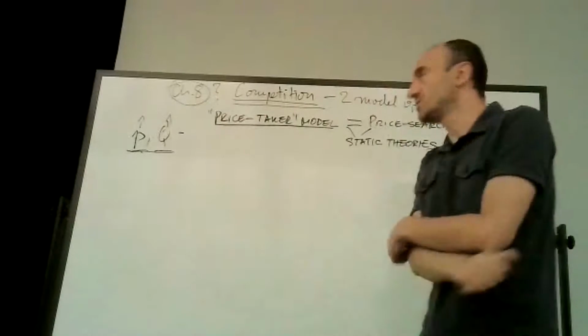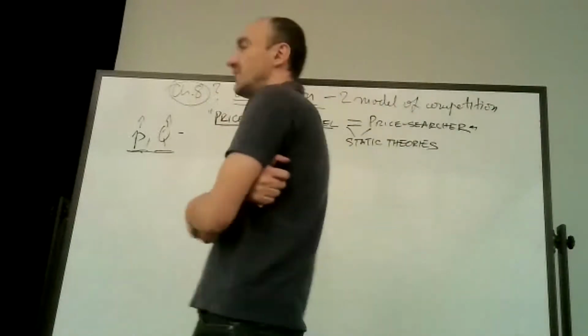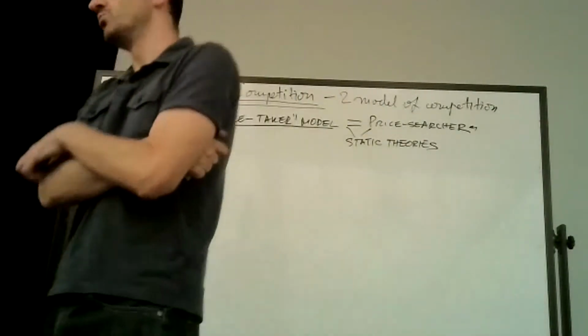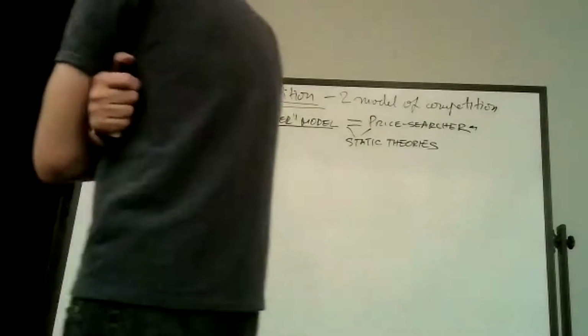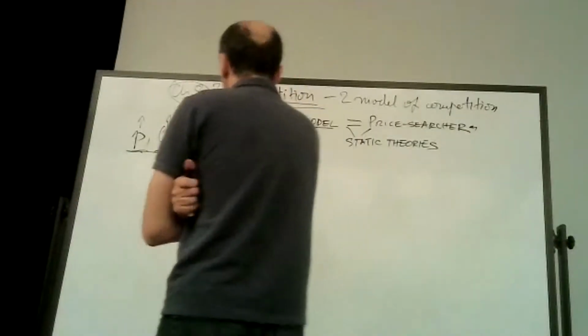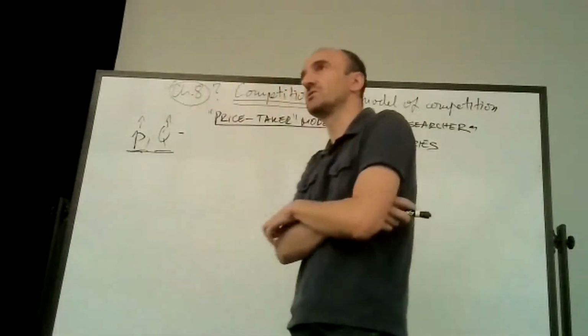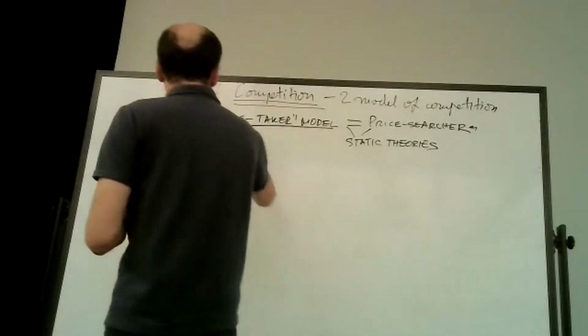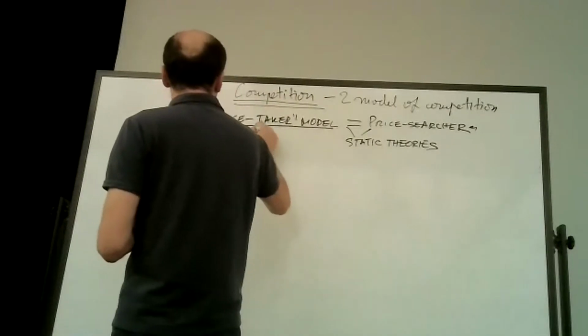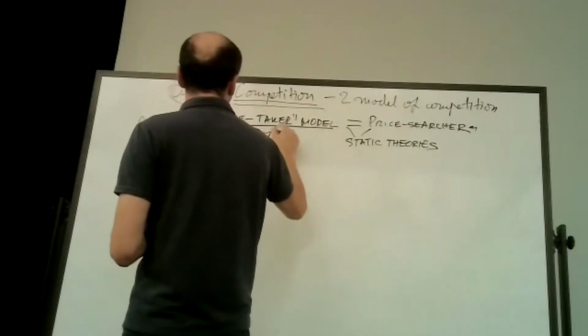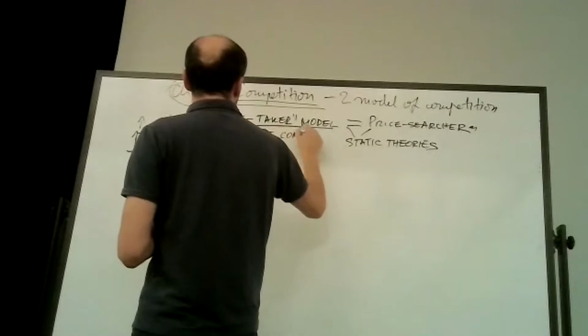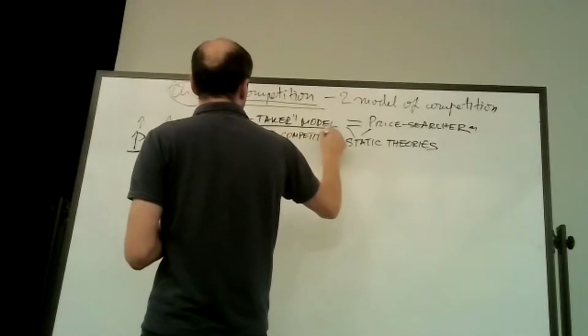Okay, so that's a justification for both of these simple models. We will start with the price taker model. Sometimes this model of competition is called perfect competition. The older textbooks would use the term perfect competition.